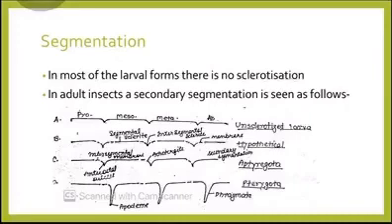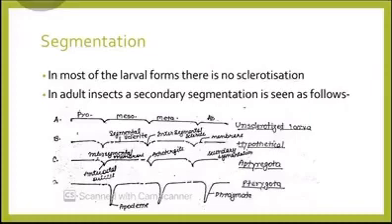Now, what happens? In the present insects, mainly the pterygota and also some apterygotes, a secondary segmentation is seen. In the secondary segmentation, what happens? The intersegmental sclerites fuse together and with the sclerite of the posterior segment. Therefore, only a small membranous part is left, and that is just near the acrotergite.